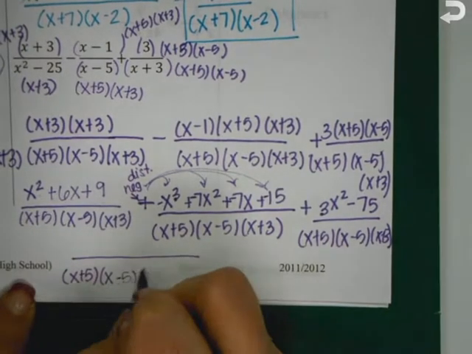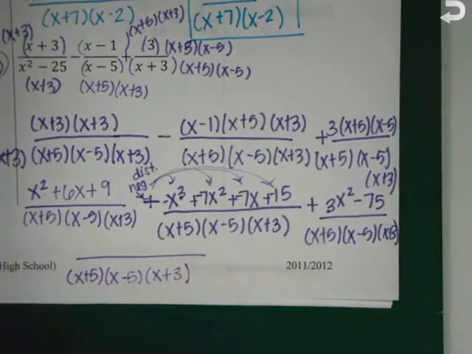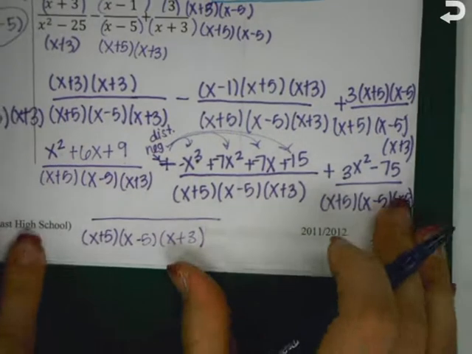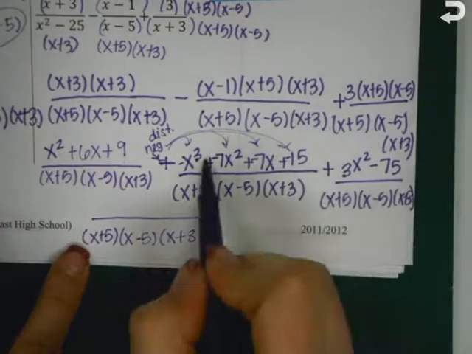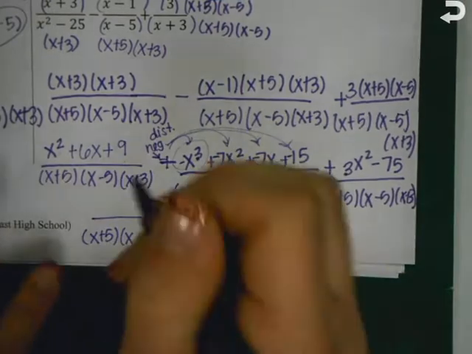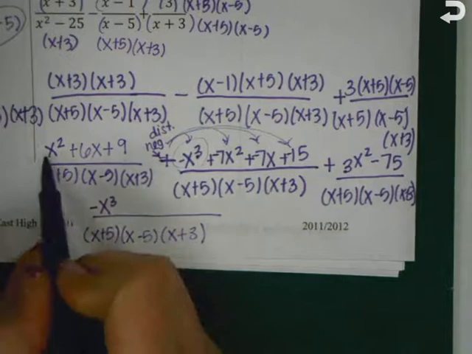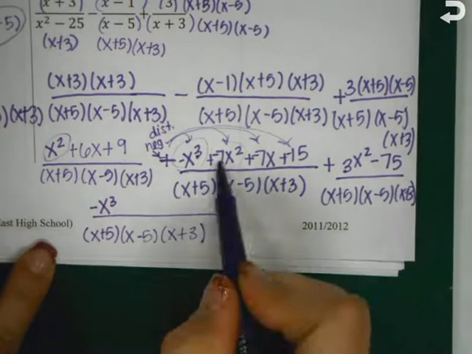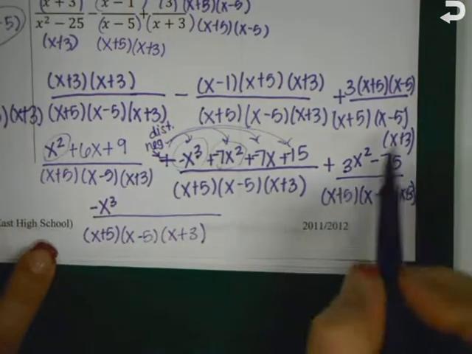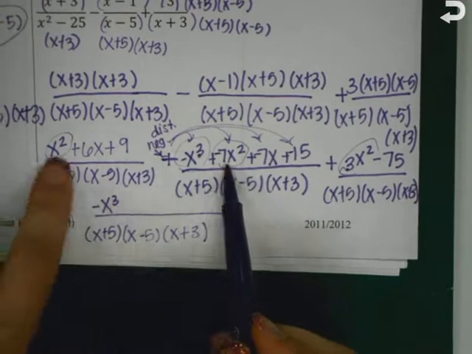And let's combine like terms here. I have a negative x³. Are there any terms like that one at all? No. So we just have negative x³. I have an x² minus 7x² plus 3x². So that is going to give me a negative 6x² plus 3x², negative 3x².